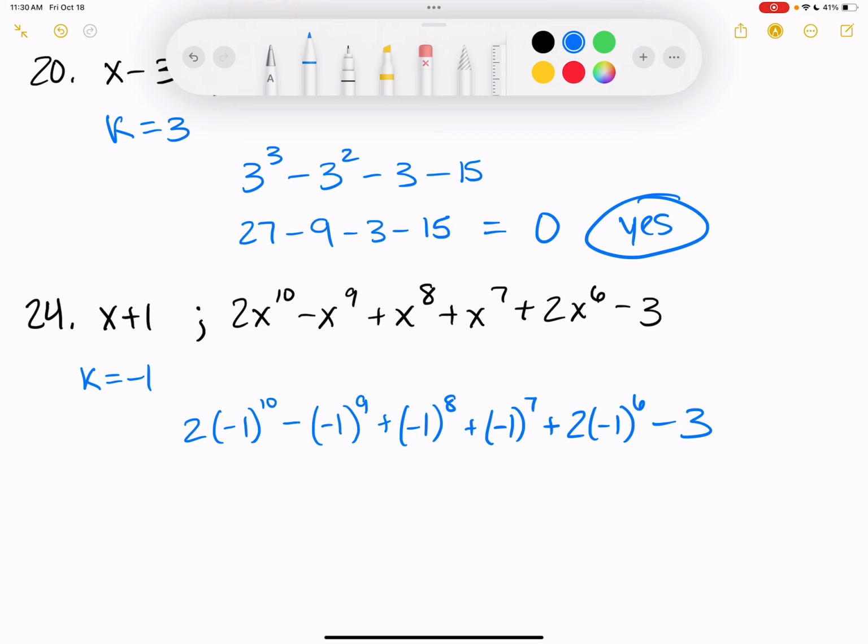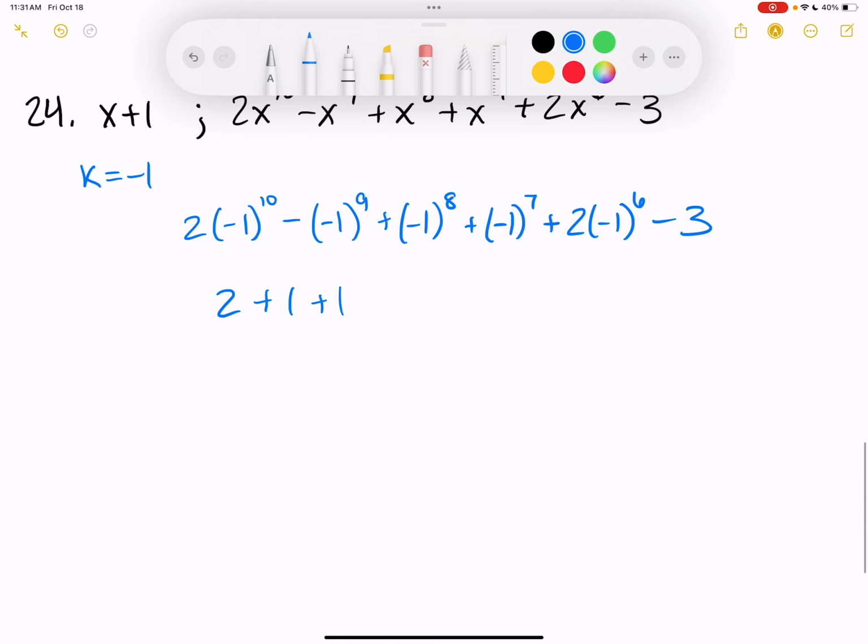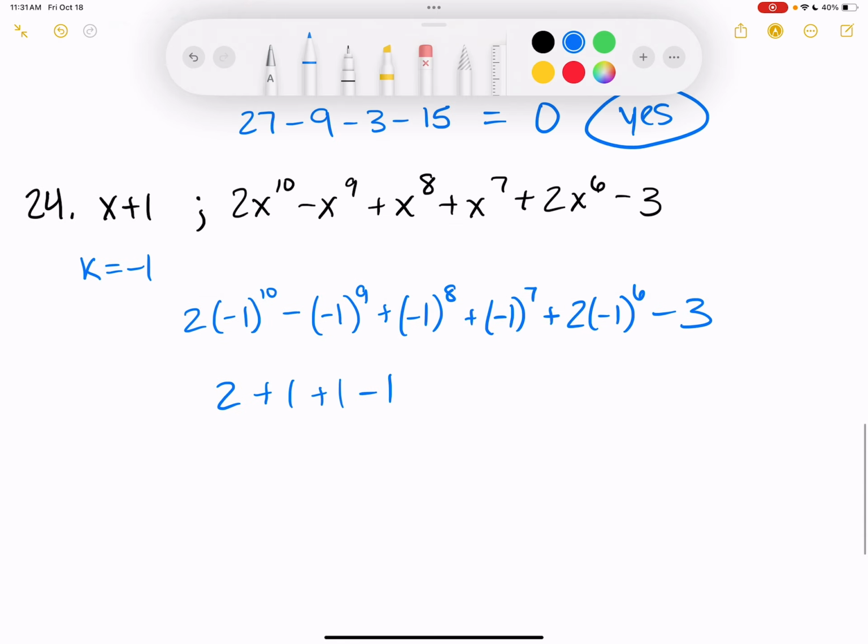So then -1 to the 10th is just a positive 1, so that's 2. -1 to the 9th is a -1, but it's being multiplied by a negative, so that's positive 1. -1 to the 8th is going to be positive 1. -1 to the 7th is -1. -1 to the 6th is positive 1 times 2 is 2.